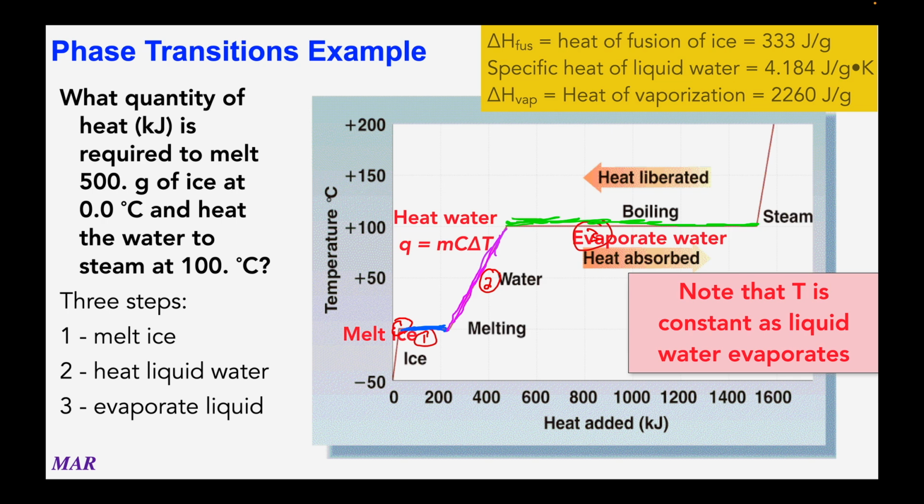So what that says is that 1 gram of ice is going to require 333 joules to turn solid into liquid. The heat of vaporization, delta H vap, is 2260 joules per gram. So every gram of liquid water needs 2260 joules to turn it into a gas. So notice it's quite a bit more energy to turn liquids into gas than it is solids into liquids. Just kind of an interesting phenomenon.